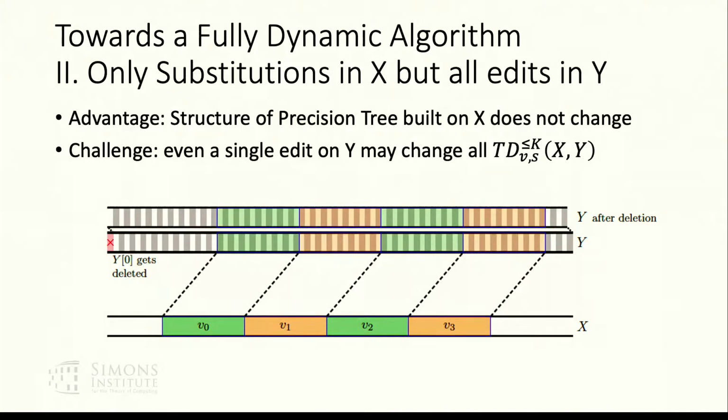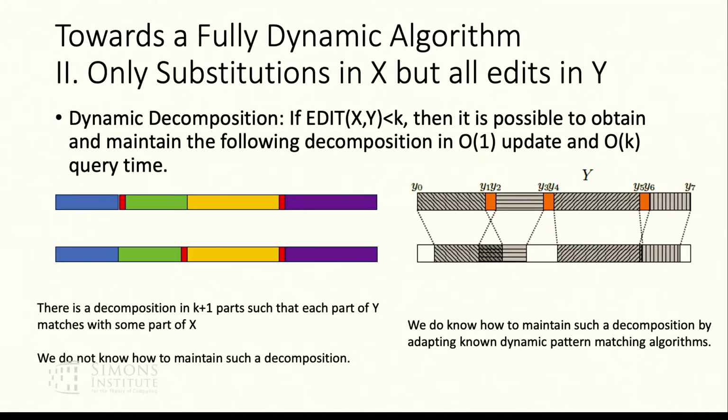This is a different segment than this segment shifted by one. So essentially, all your tree distance estimates on all nodes should change if you make even one deletion in Y. That's a big problem. So how do you overcome that?